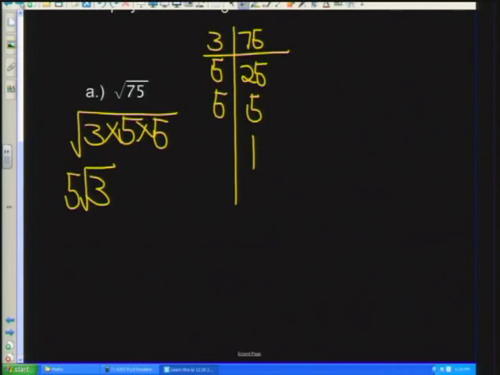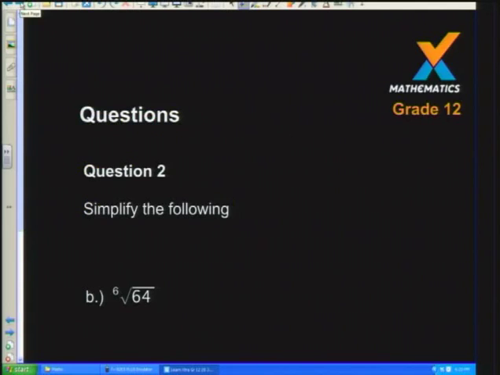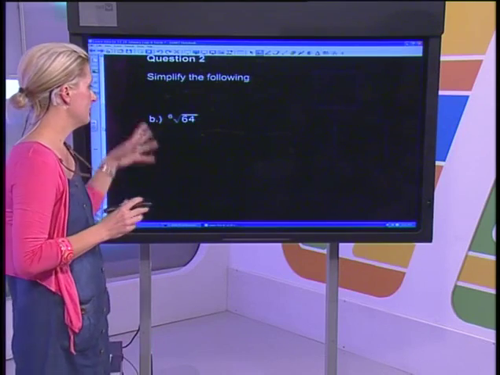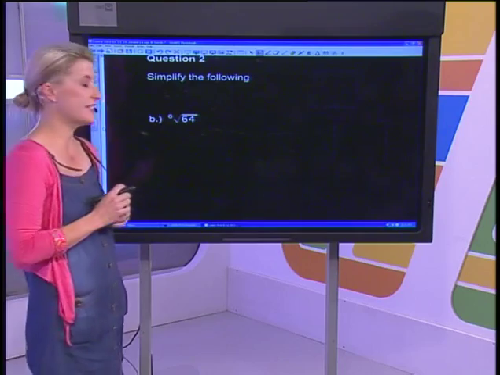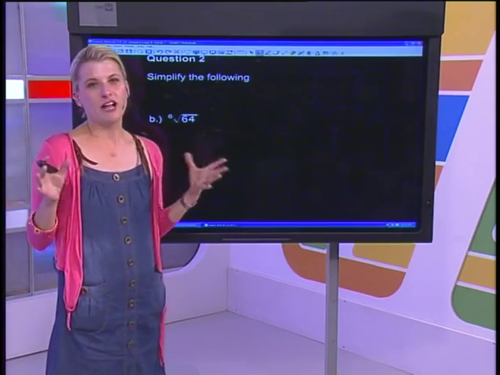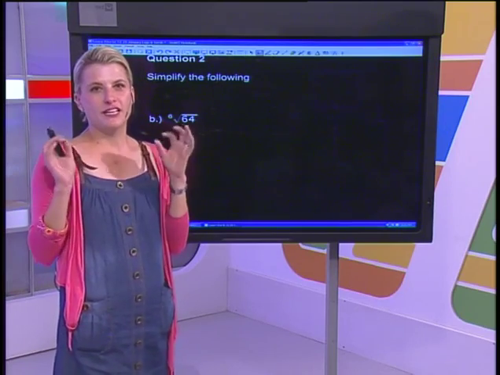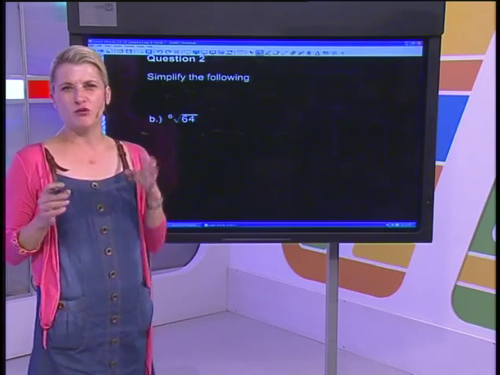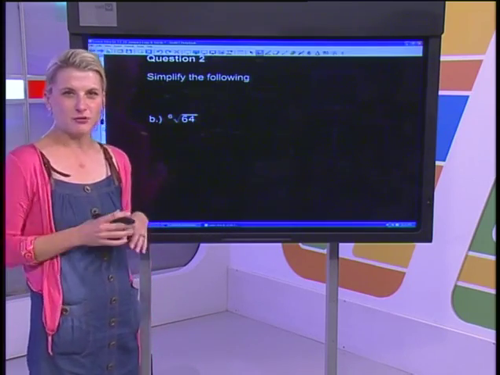Let's have a look at the next one. For the next one, we've got to simplify, again without a calculator, the 6th root of 64. Now guys, your calculator can put the number into prime factors for you. There's a function on the calculator called shift fact. You guys might want to try that out.